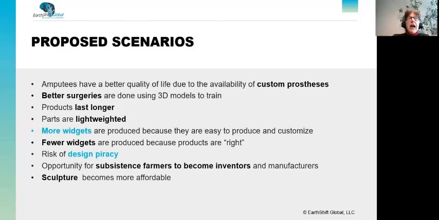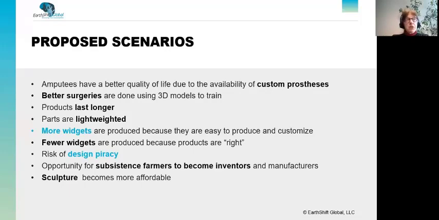So we looked at amputees having a better quality of life through the availability of custom prostheses. And this definitely points us toward human health impacts in 3D printing, because you don't want to be improving human health for the amputees while at the same time damaging it through the 3D printing process.